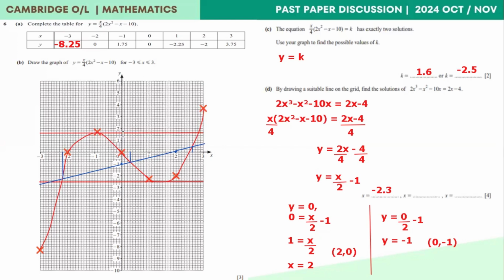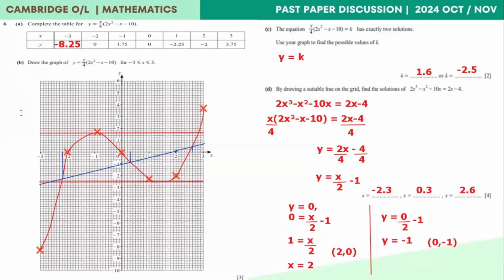And according to this, our next solution is going to be x equal plus 0.3. Afterwards, our third solution is going to be plus 2.6.